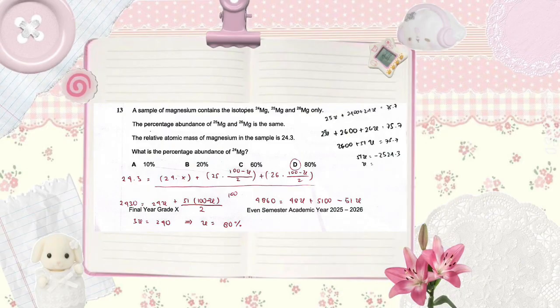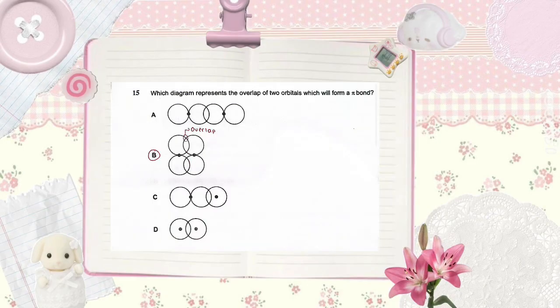So 2430 equals 24x plus 51 times (100 minus x) per 2, which gives 4860 equals 48x plus 5100 minus 51x, so 3x equals 240. So x is 80%. Okay, for this question the answer is B because it represents the overlap of two orbitals.